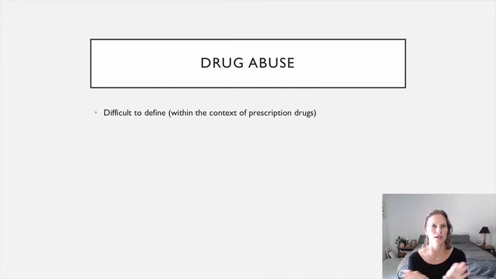Historically we think of drug abuse and we think of just recreational use of medications and or street drugs, illicit substances. That's where we draw the line with abuse: if somebody is using something recreationally and or using an illicit drug, then that would be classified potentially as abuse, versus if somebody's using a prescription medication, then that is not oftentimes referred to as abuse, or we're not thinking about it quite as readily.